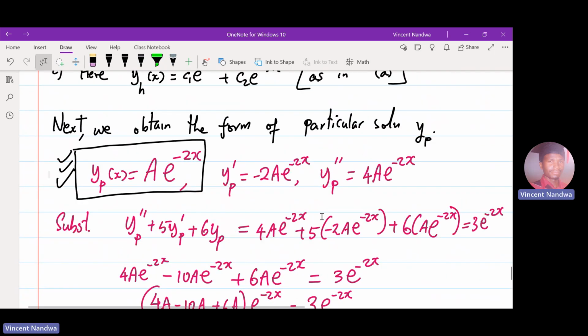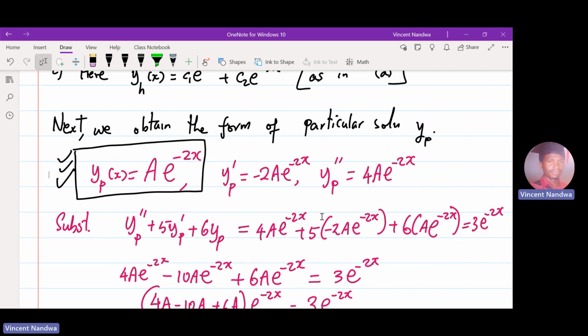If a G function is one of the terms in the complementary solution, however good a choice you pick from the general discussion on the solution of the equation by method of undetermined coefficients, it will always land you in problems. So to get the correct choice of YP, you need to ensure that the YP you pick is linearly independent with respect to the solutions which give you the complementary solution.